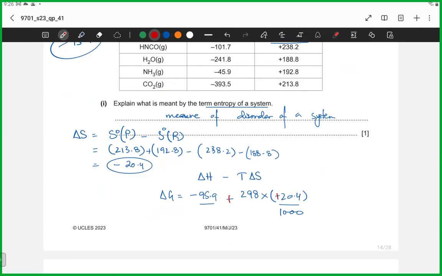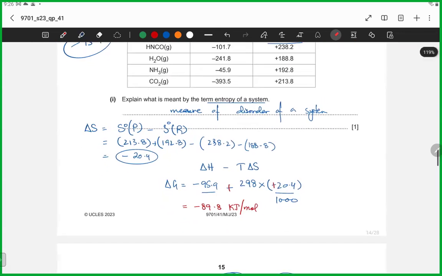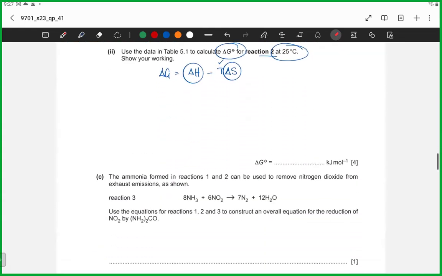Minus 89.8 kilojoules per mole. You have to be very careful with this, because one value is in joules and the other is in kilojoules. So either turn all of them into joules or all of them into kilojoules.